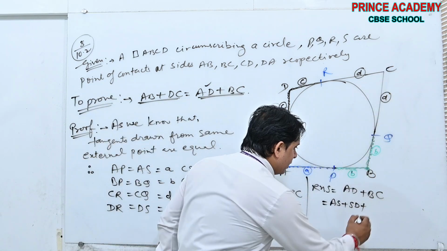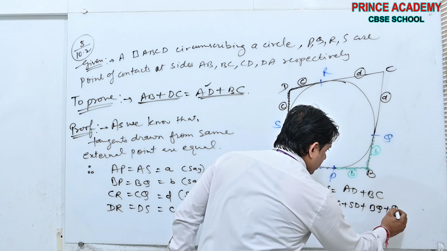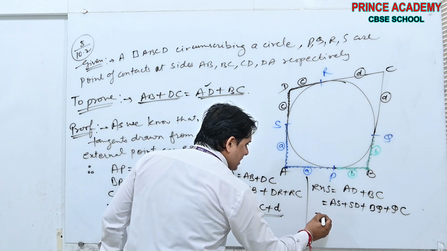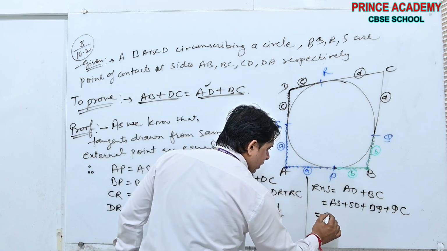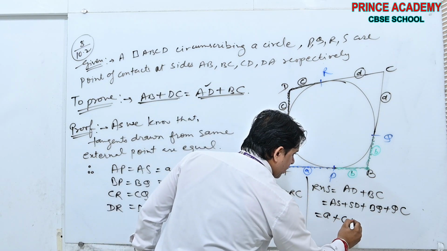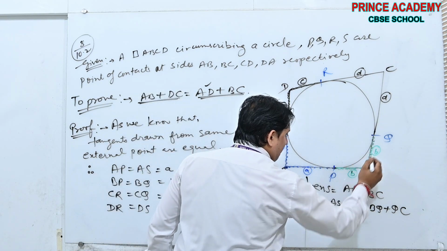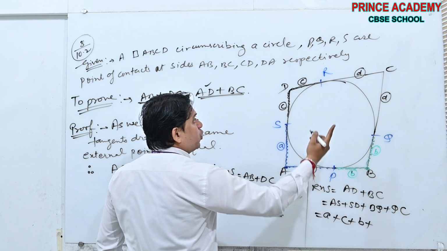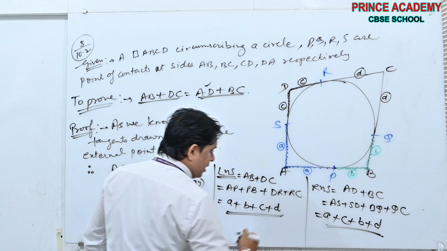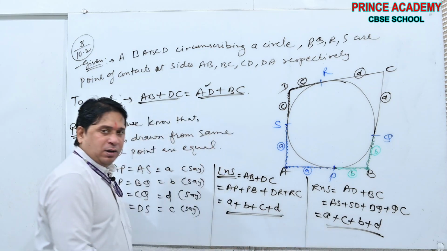BQ plus QC. Now see beta. What is AS? a. What is SD? d. What is BQ? b. What is QC? c. Both are equal, yes or no?